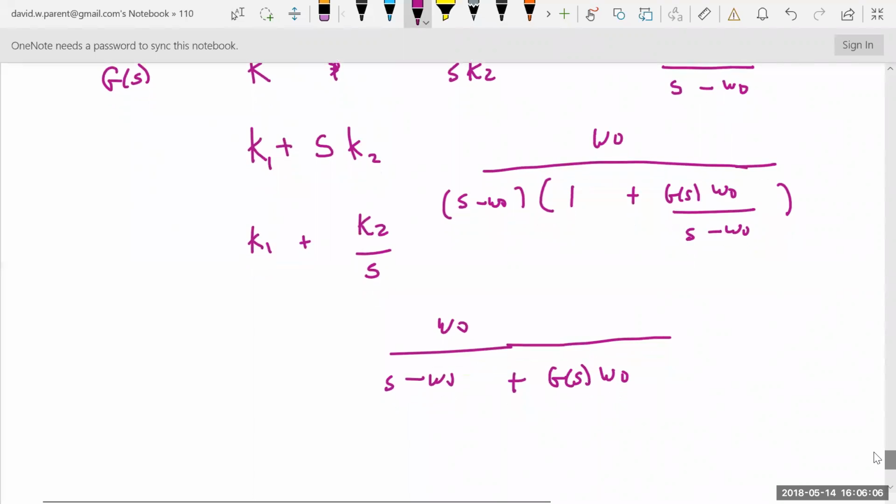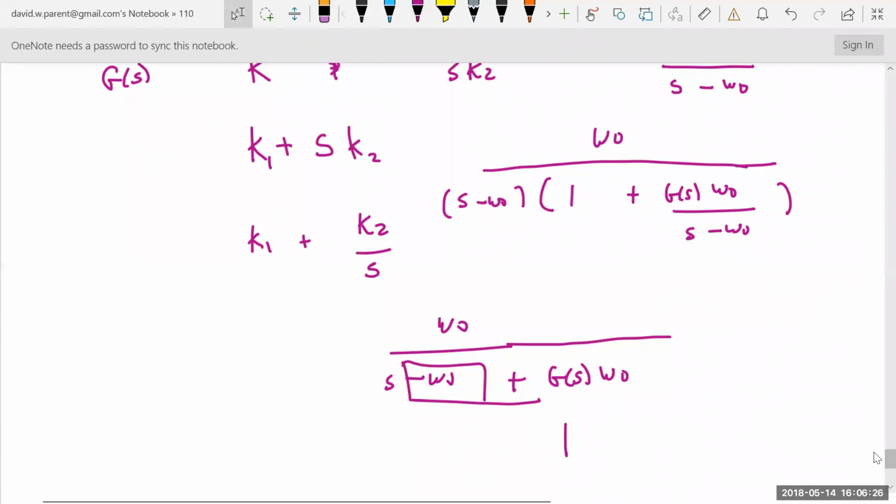Why is this unstable? Because this was less than 0. It was negative, so that when you find the root of the denominator, it's on the real side. So I've got to make this positive.